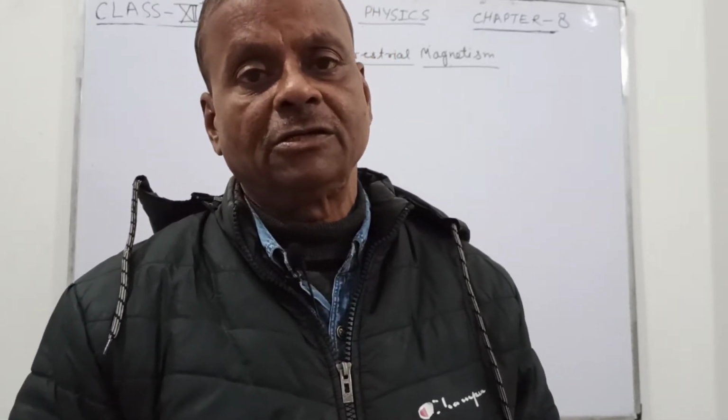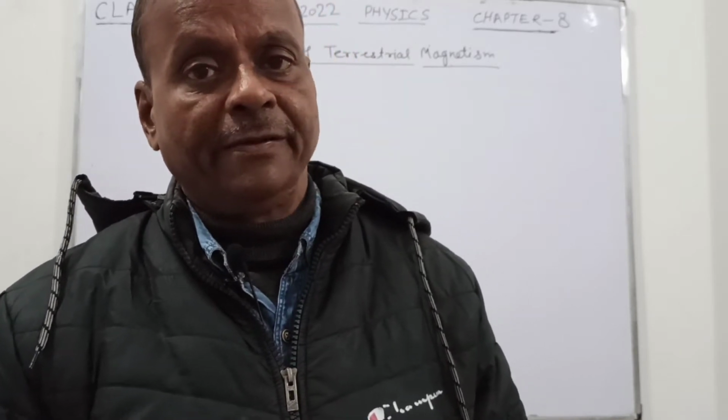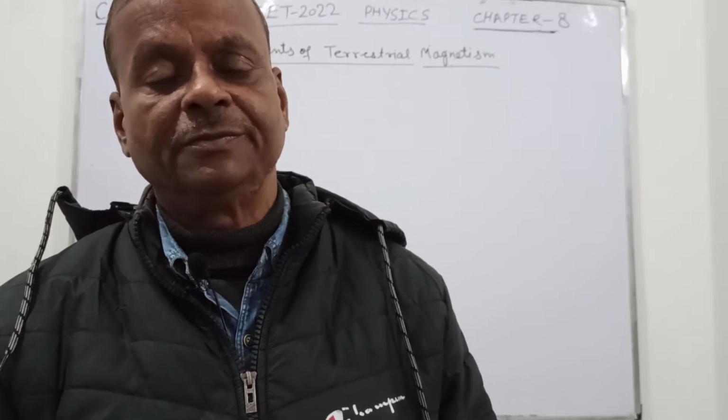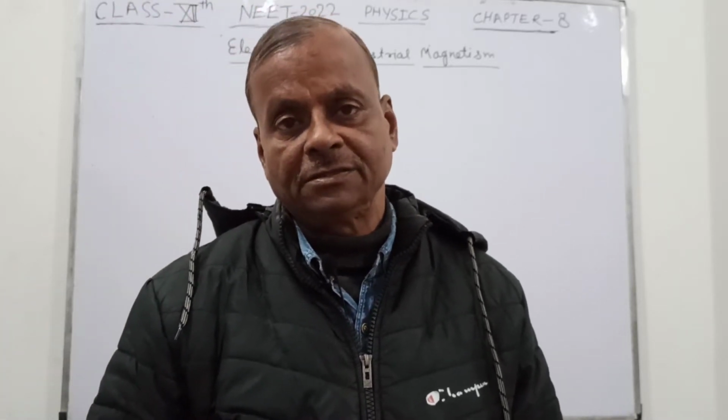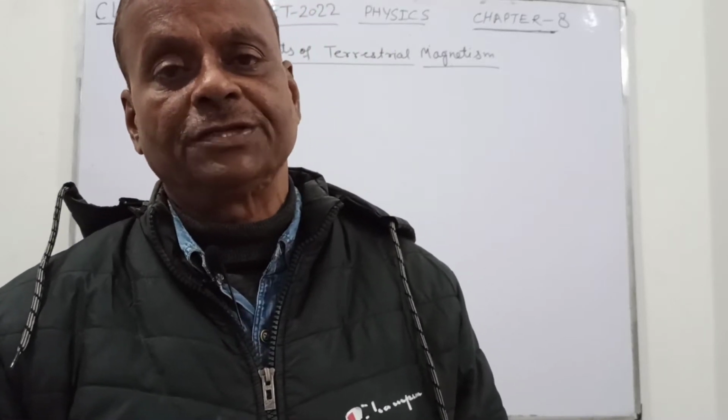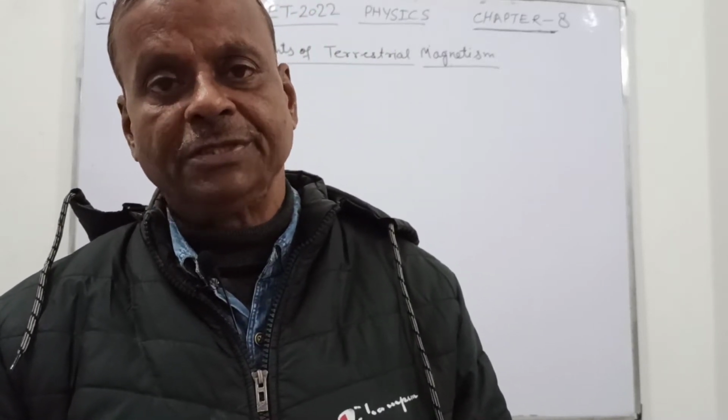So towards the north of the suspended magnet, there must be the south pole of the earth magnet, and the south pole of the suspended magnet should be towards the north pole of the earth magnet.